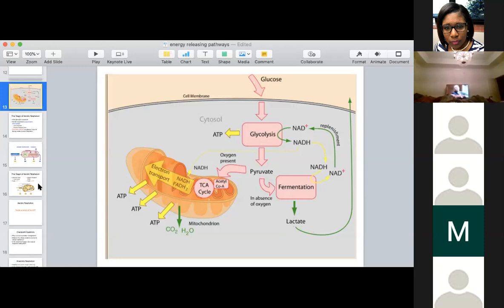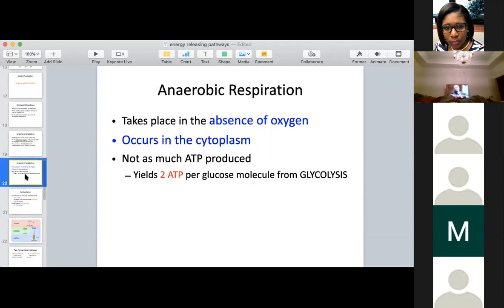So let's continue to look at what's happening during anaerobic respiration. It takes place in the cytoplasm, but not as much ATP is being produced. In fact, the only energy produced during anaerobic respiration is those 2 molecules of ATP made from glycolysis.